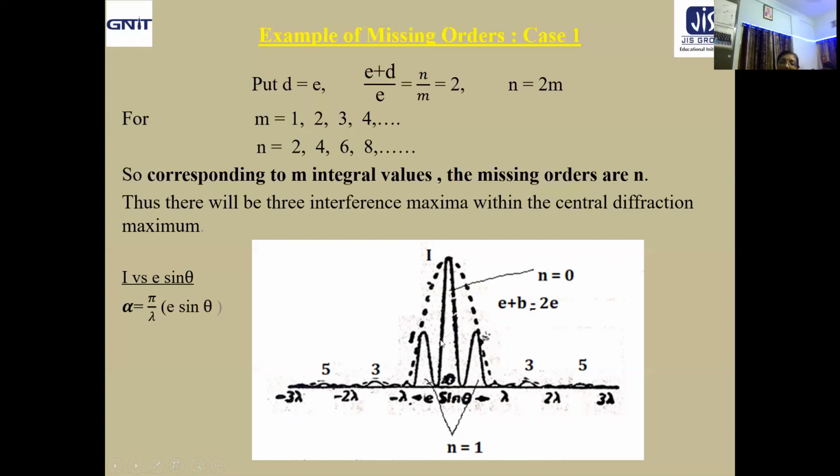That means in the final resultant intensity distribution, due to the combined effect of diffraction and interference, there will be three interference maxima within the central diffraction maxima for the case D equal to E, because the orders 2, 4, 6, 8 will be missed out as they are coinciding with the diffraction minima of first order, second order, third order, and fourth order. So this is the first example of missing order, that is case 1.